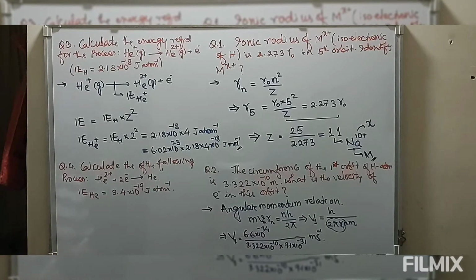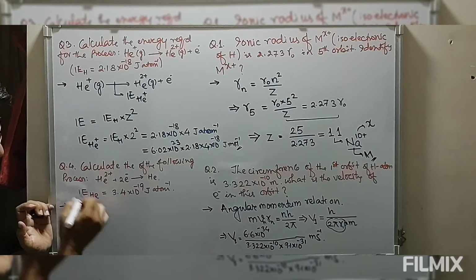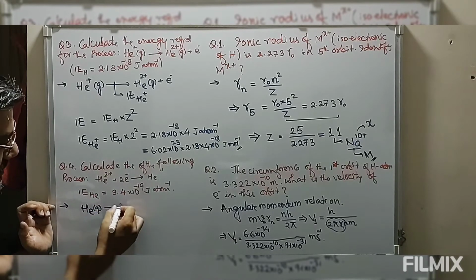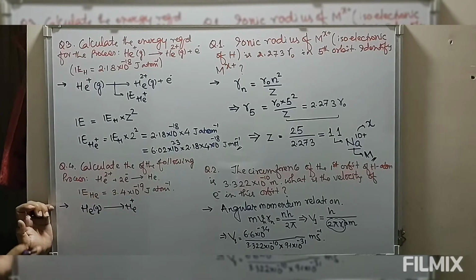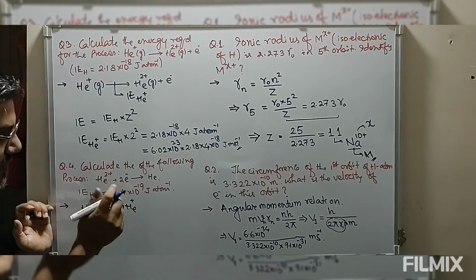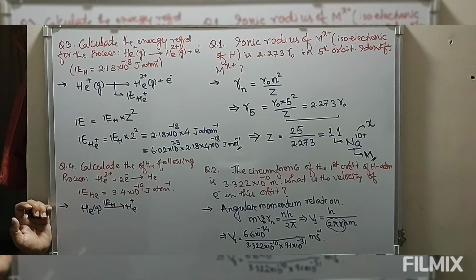Now if you look at this, the question clearly says He is to be converted into He plus, where 1 electron is removed. So this is known as the ionization energy of helium. So we have this relationship: the ionization energy of helium is given here.